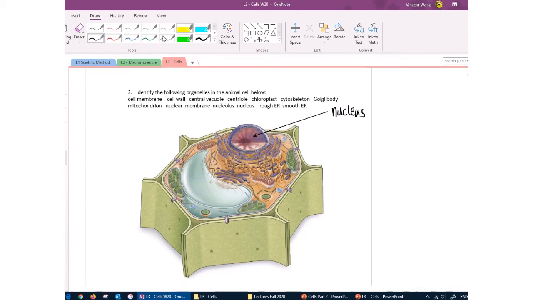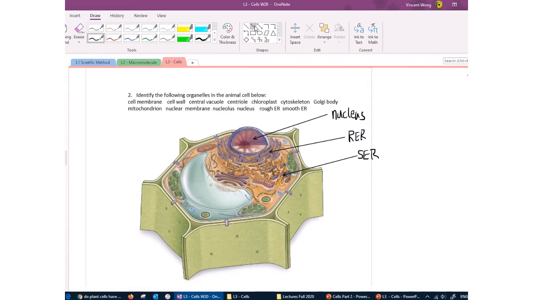Is very straightforward. You can definitely do that yourself. Over here we see the rough ER, and over here we see the smooth ER. And on the left here we have what's called the Golgi body. Okay. That's it for now.